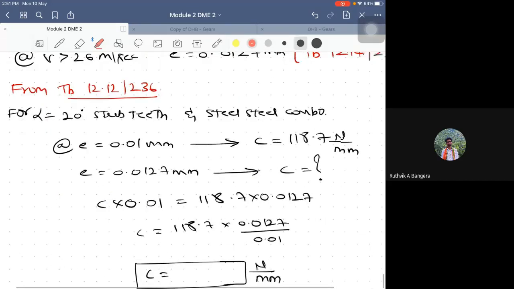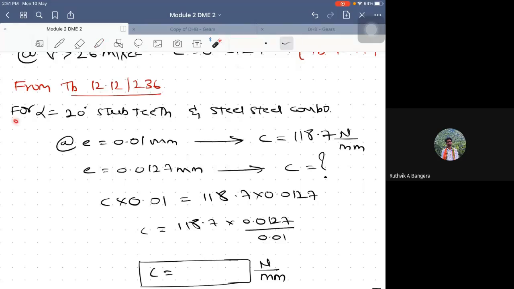For alpha equal to 20 degrees stub, steel and steel combo, at error equal to 0.01, you have C value to be 118.7. Just follow this particular method here.